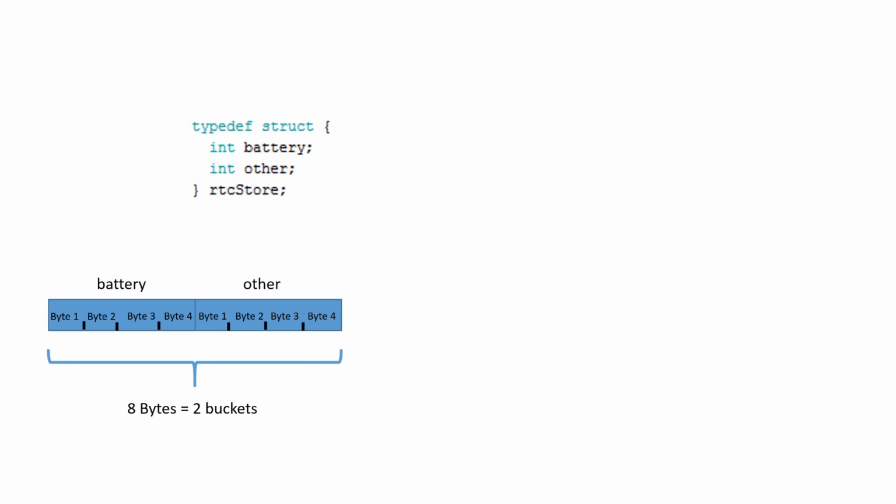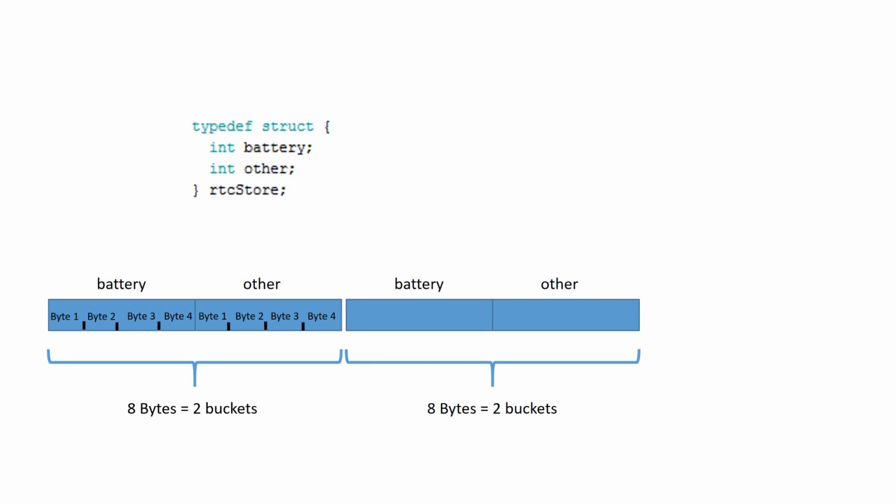So we can read or write a whole data set with one command by just using the structure. We can, for example, place the next structure just behind the first one, and so on. We have to stop if we reach our 512 bytes or 128 buckets. With our structure definition as an example, we can place 64 measuring results in RTC memory.